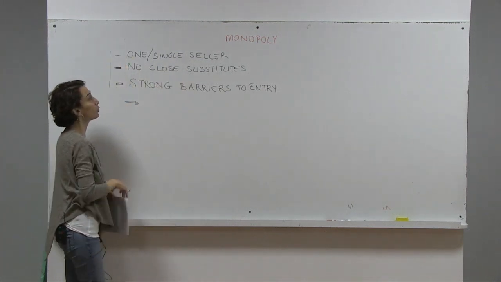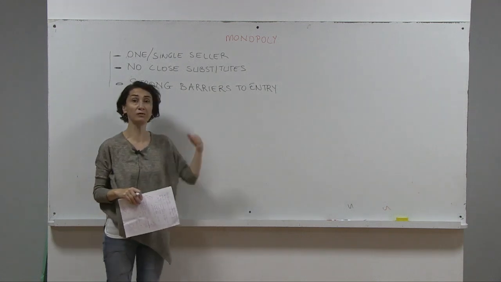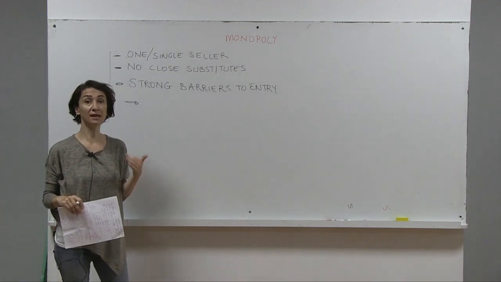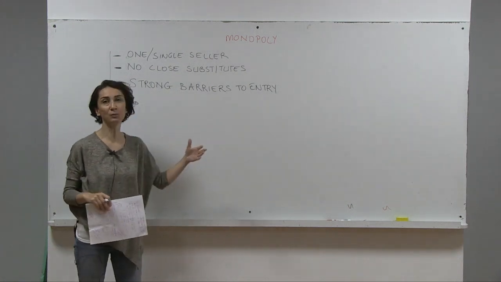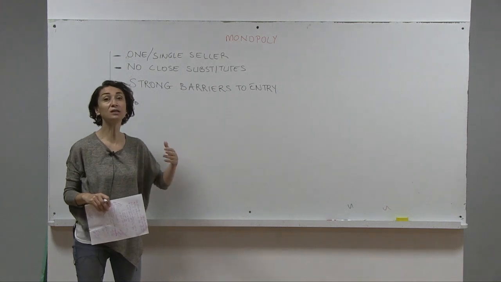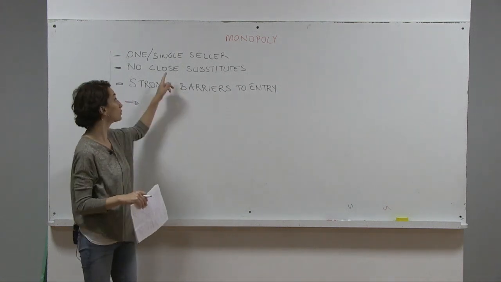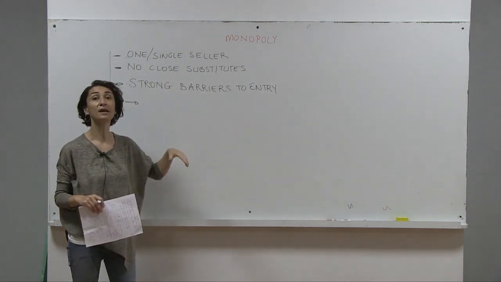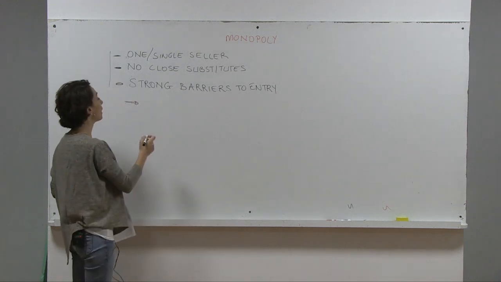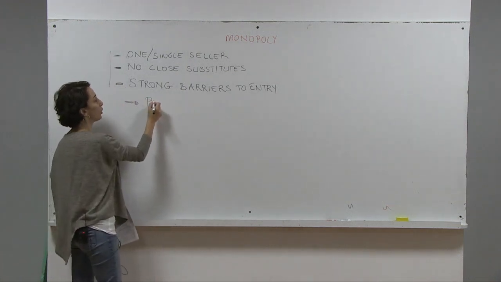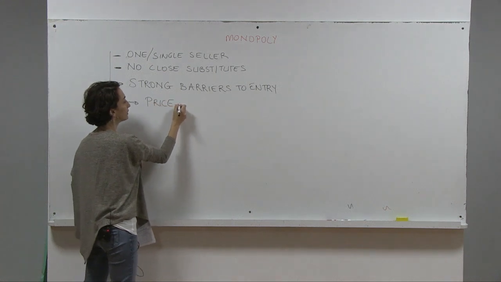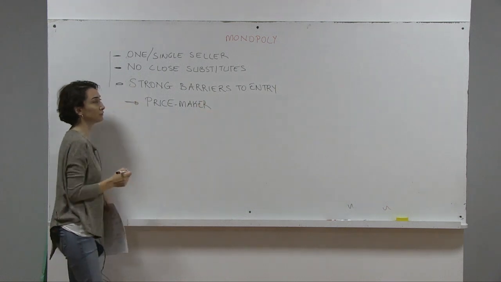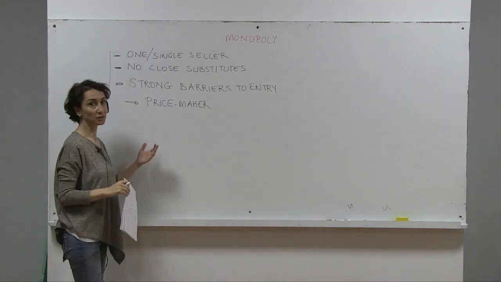So remember, in a perfectly competitive market, because of the assumptions we made, we said firms were price takers. In monopoly, it is the opposite, right? There is a single firm which is producing a product with no close substitutes, which means this firm has market power, okay? So the monopoly firm, the single monopoly firm, is a price maker, okay?